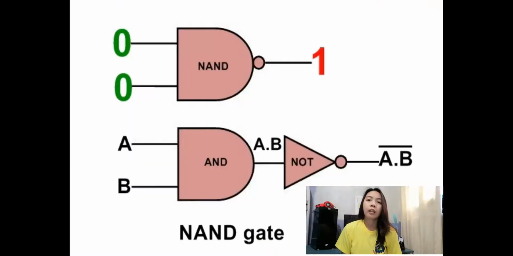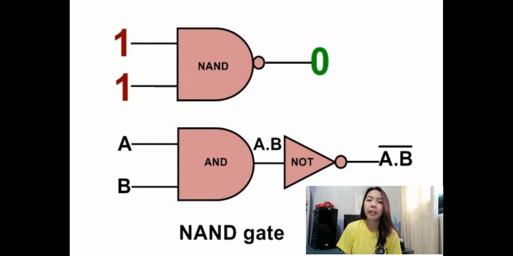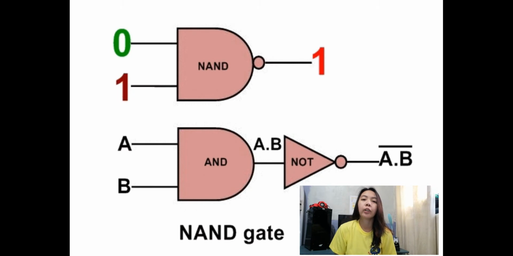The symbol of NAND gate is the standard AND gate with a circle, which is called an inversion bubble. So when there is an inversion bubble, its output is the complement of the output of the AND gate. So let's start and make this experiment number 5, NAND gate.